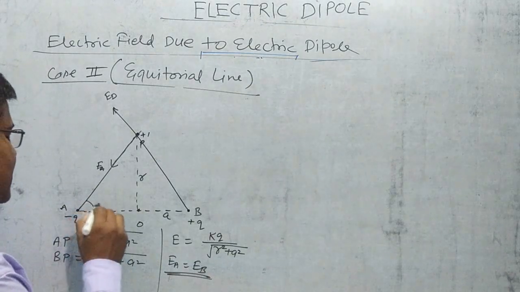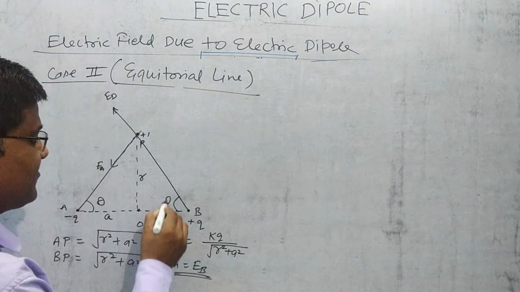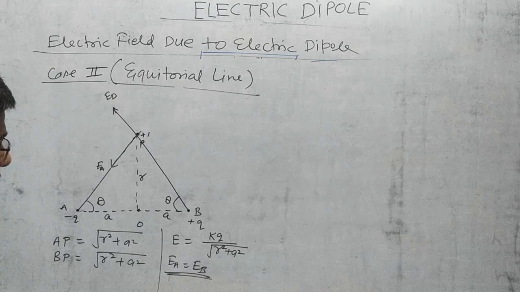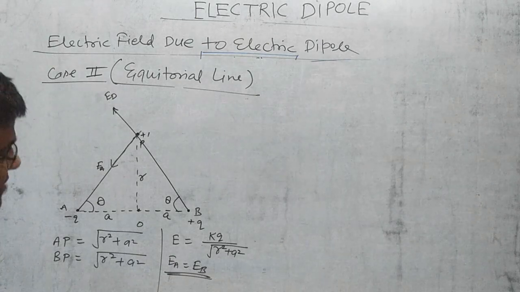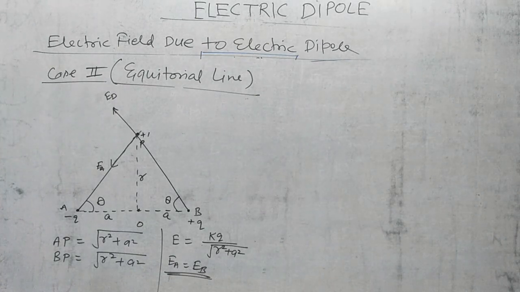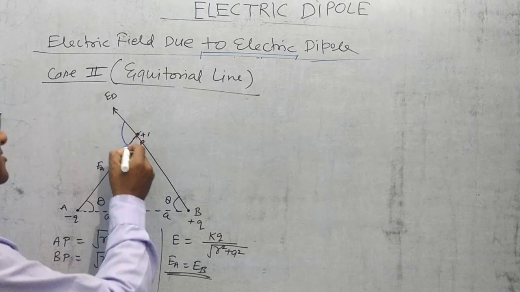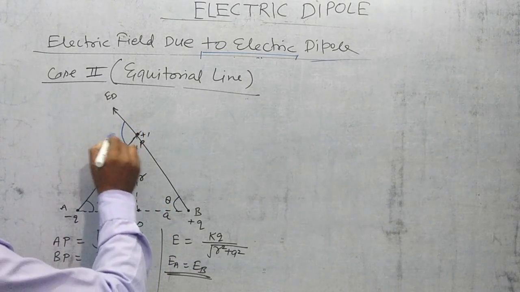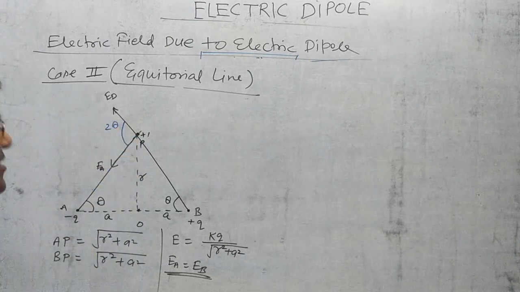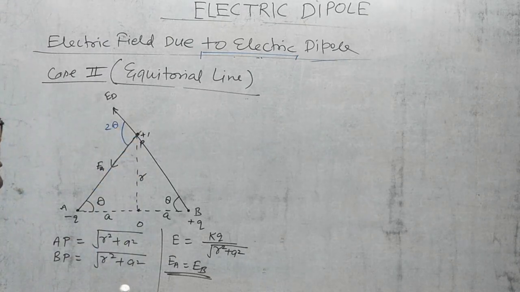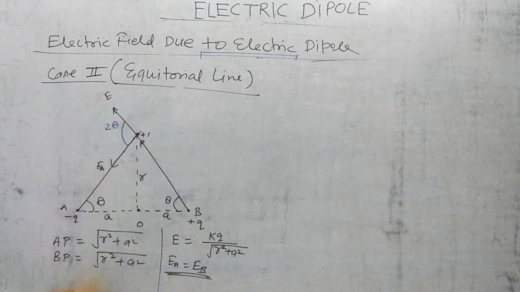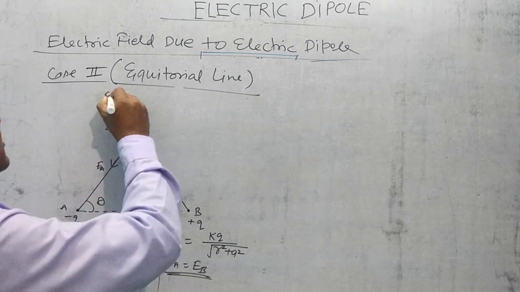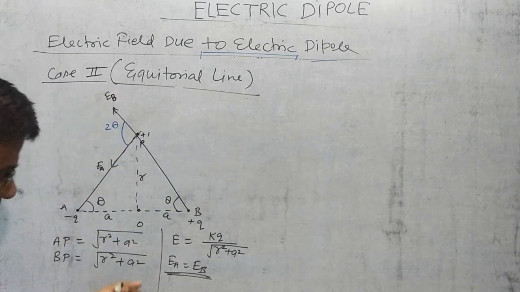And this is the theta and this is the theta, just I consider. Then the angle becomes, in this case, the exterior angle of these two angles. Then it becomes 2 theta. Okay, this is the exterior angle. Between EB and EA, the angle is 2 theta.